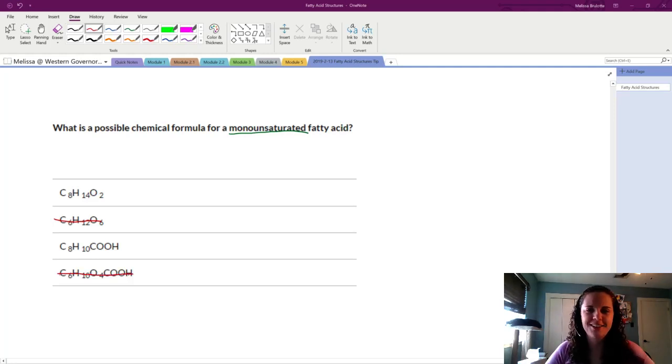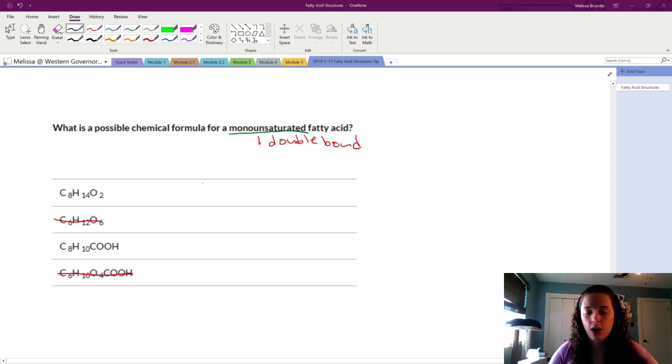So that's a quick way to immediately eliminate what is not a fatty acid. Fatty acids only have 2 oxygens. Then it gets a little trickier. Monounsaturated means 1 double bond. In order to determine that, what I usually like to do is look at what the fatty acid would be if it was saturated and then go from there.